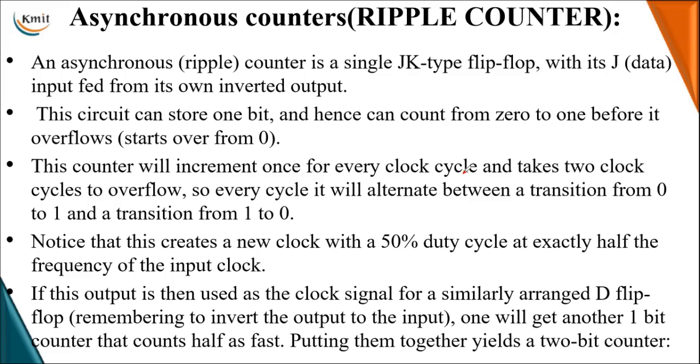In asynchronous counters, we can use the JK flip-flop operating in toggle mode, or you can use any type of flip-flop, but it should function like a toggle, because of our binary sequence.